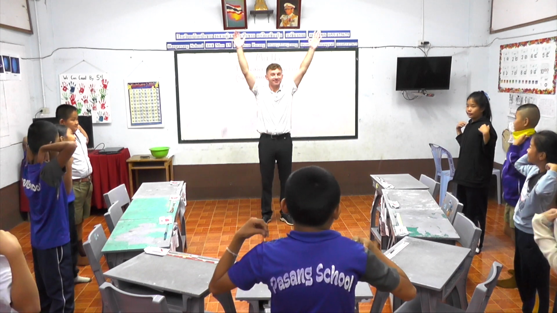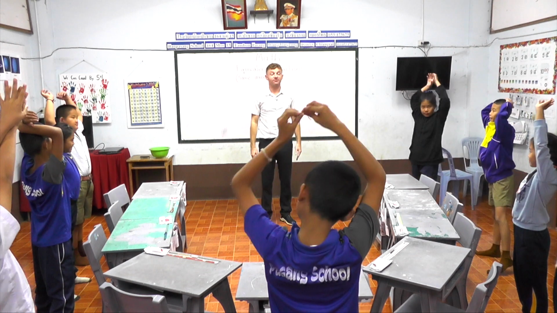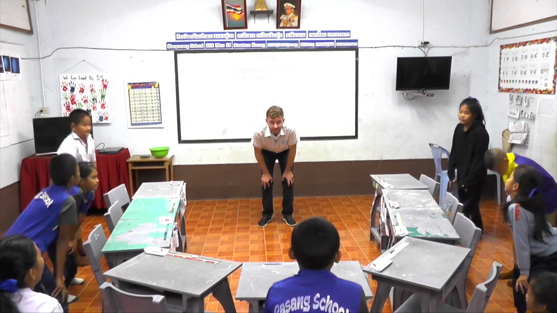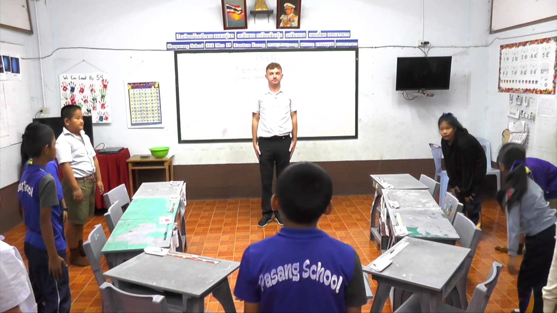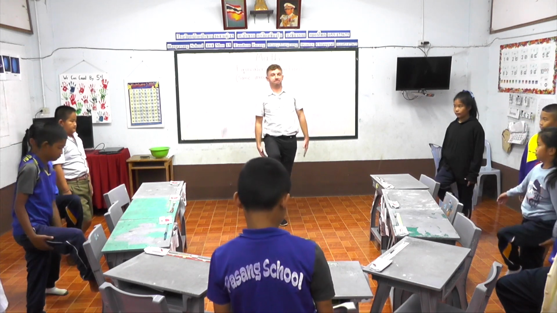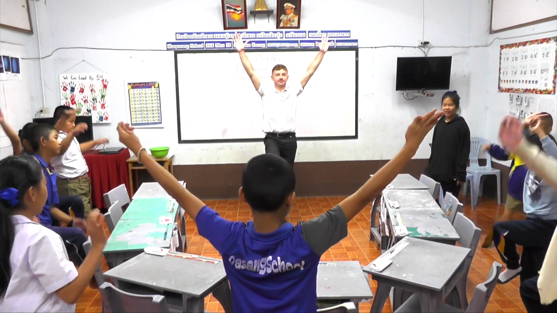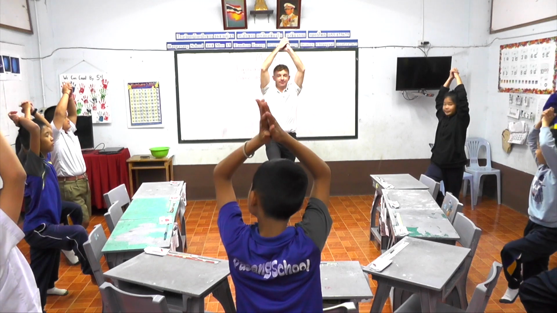Teacher says, arms in the air. Arms down. Teacher says, arms down. Teacher says, touch your knees. Teacher says, stand up straight. Teacher says, stand on one leg. Teacher says arms in the air. Teacher says touch your hands together. Teacher says hop.